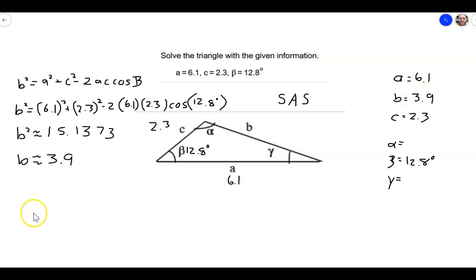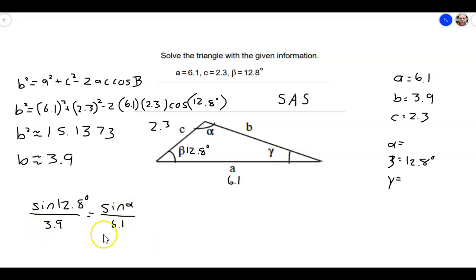So that's the sine of 12.8 degrees over its opposite side, which is 3.9, is equal to the sine of alpha all over 6.1.